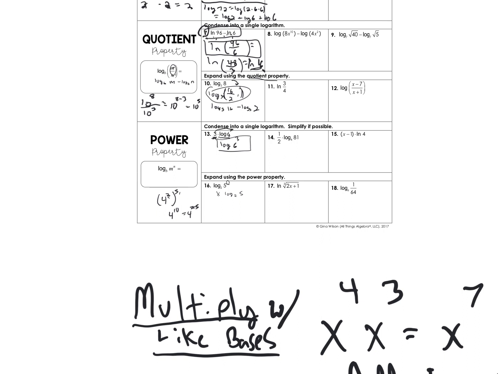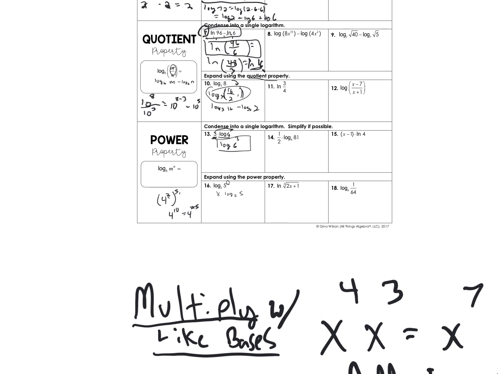But what I want to do is talk about why these properties work. When you multiply like bases with like bases, like for x to the 4th, x to the 3rd, the answer was x to the 7 because we add the exponents.